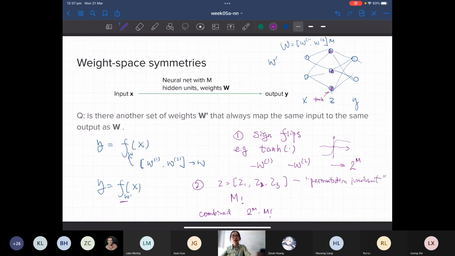So if we are doing training and tuning the weights, all of these 2 to the power of m times m factorial weight configurations will lead to exactly the same objective function value. Oh, we'll get there in a few minutes.